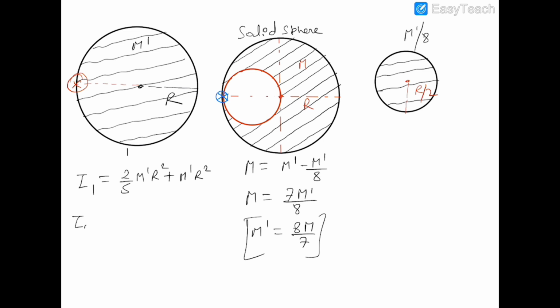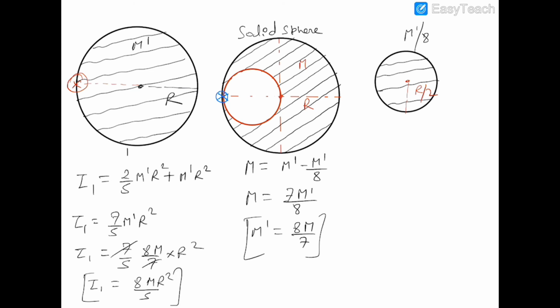So I1 would be equal to 7 by 5 m dash r square, and with m dash as 8m by 7, I1 is 7 by 5 into 8m by 7 into r square. Now this I1 is equal to 8 m r square by 5. This is the moment of inertia of this sphere 1.